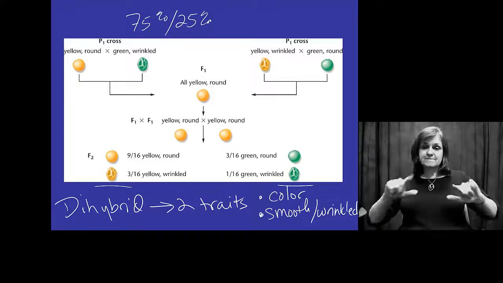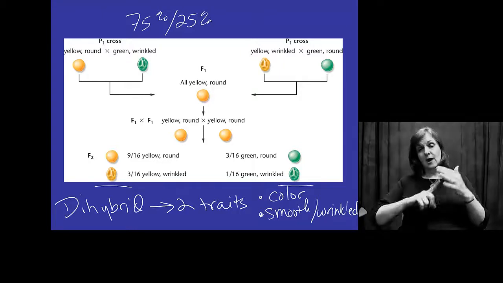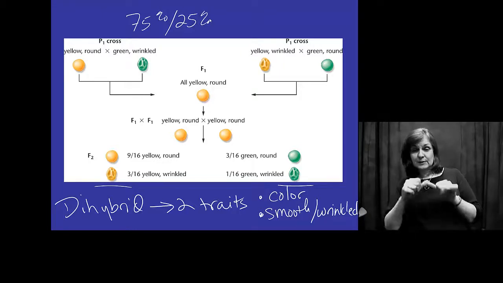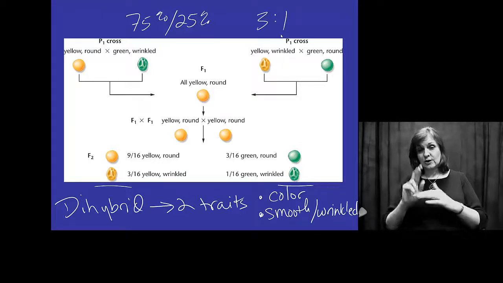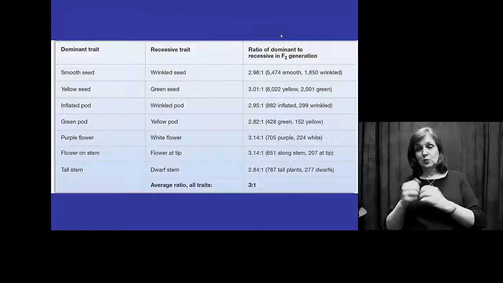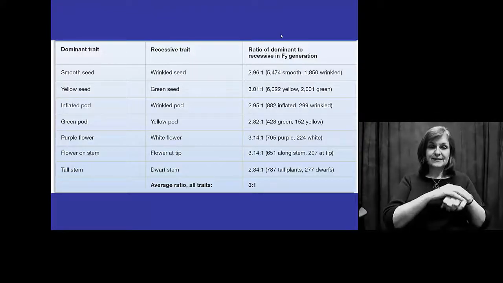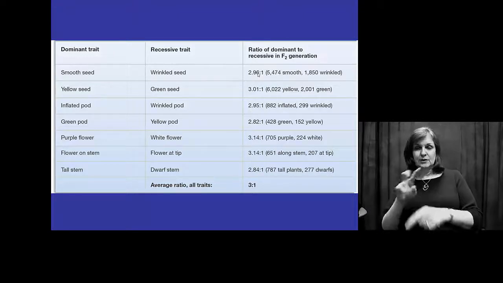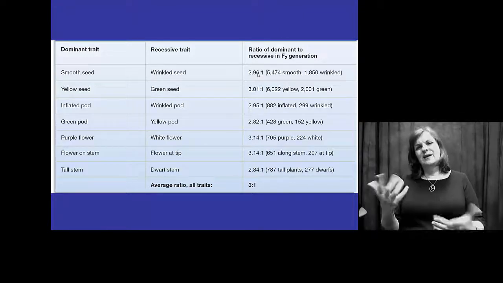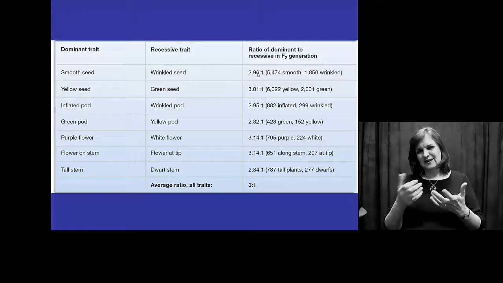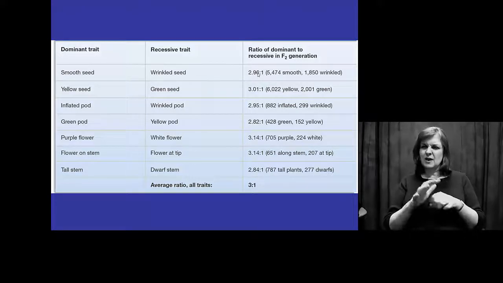So he looked at all of the characteristics that he could possibly think of to see if they would still come out in this 3-to-1 ratio, or 75 to 25%. And here you go. Smooth seeds to wrinkled seeds, 2.96 to 1. Well, give the man a break. It's not quite 3, but it's close enough, right?